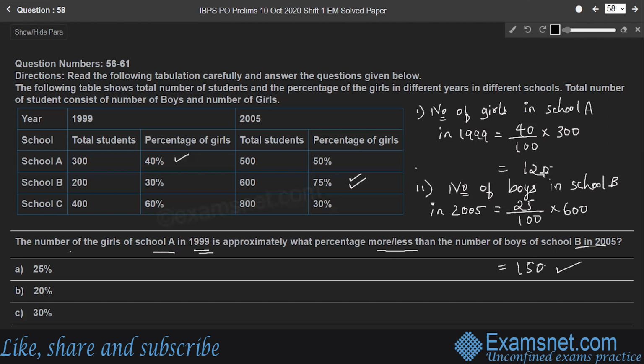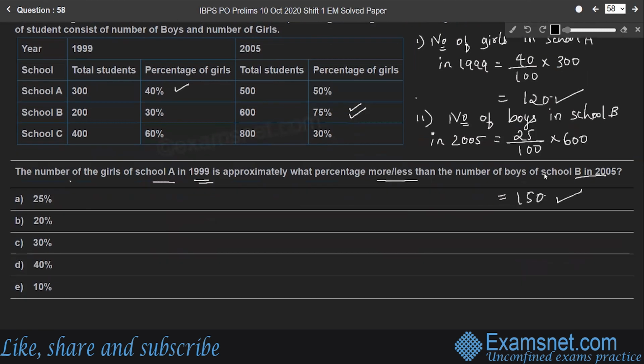Therefore, here number of boys is more than number of girls. Therefore, the difference is 30. So 150 minus 120, which is 30. So compared to number of boys in school B, the difference is 30, which is number of girls less than number of boys.